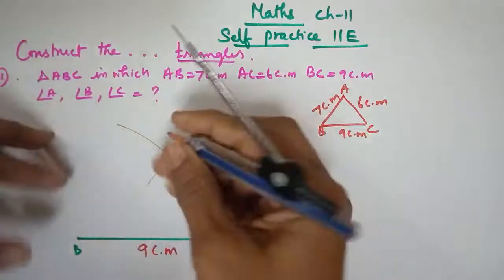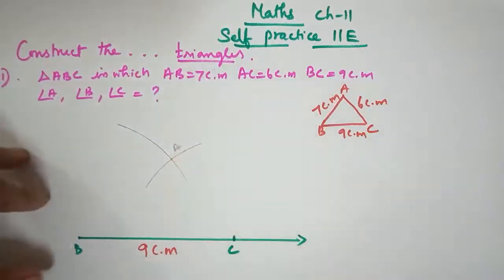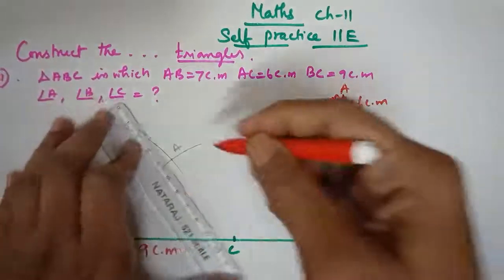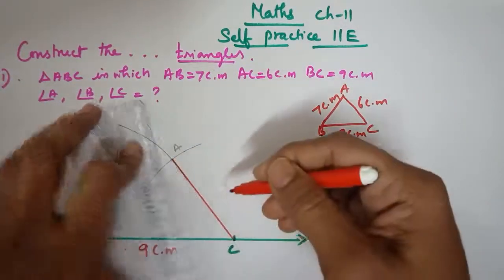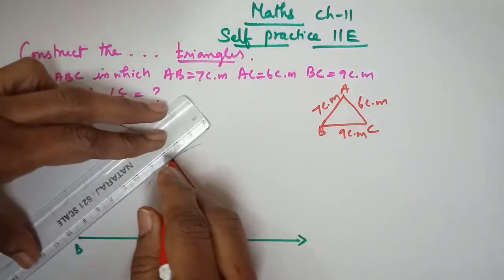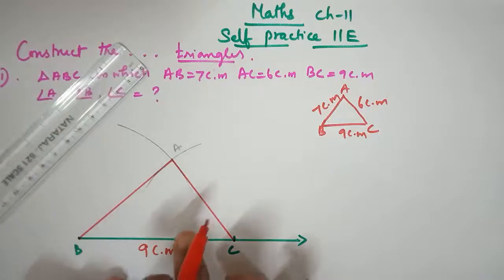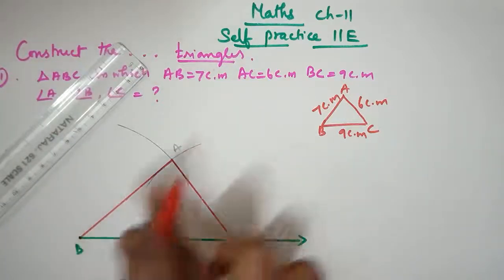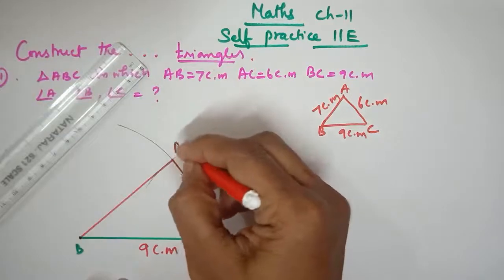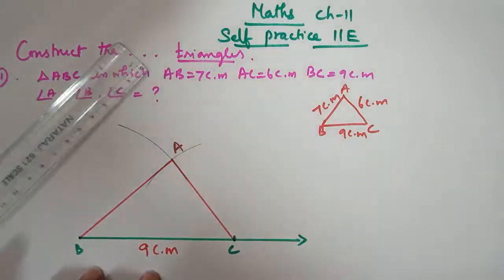Now mark this point A. Join AC, join AB. Okay, join A to C and join B to C. So this triangle ABC is the required triangle. Is it clear, students? Good.